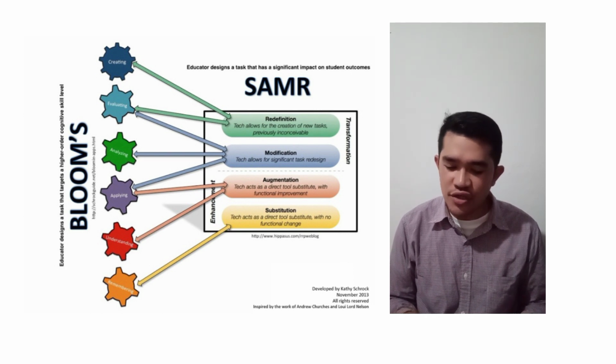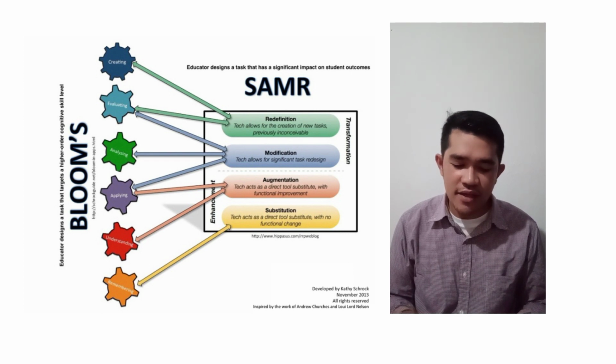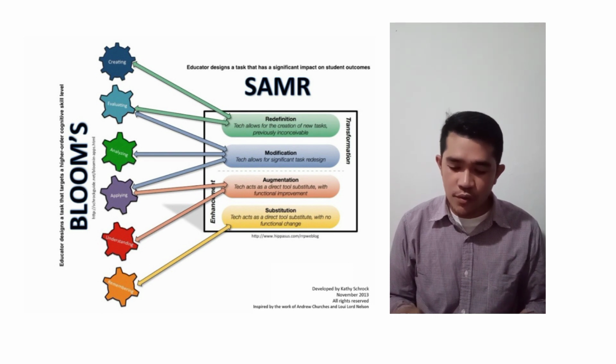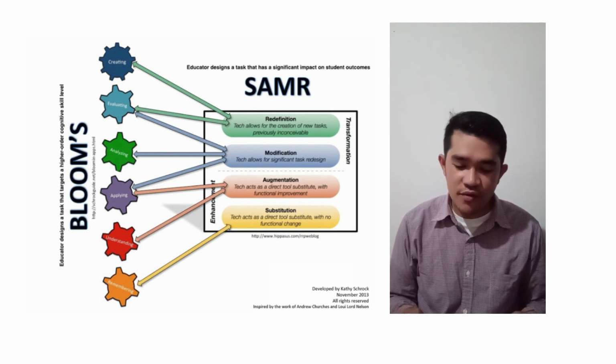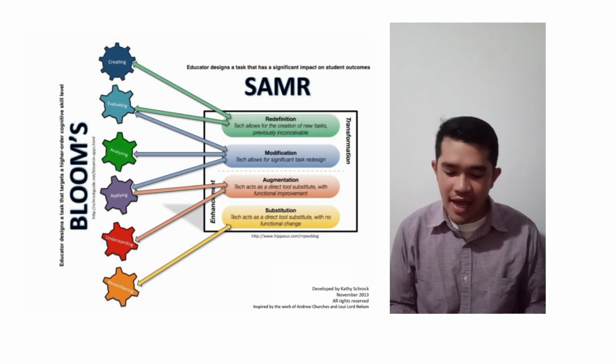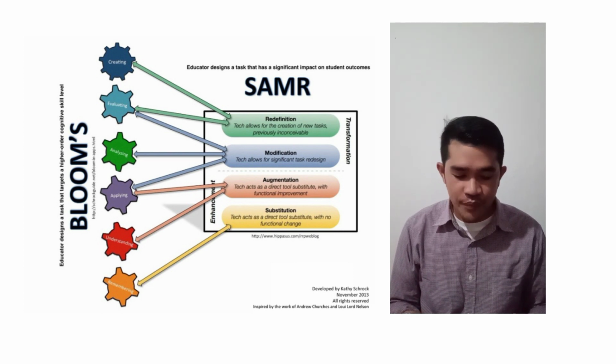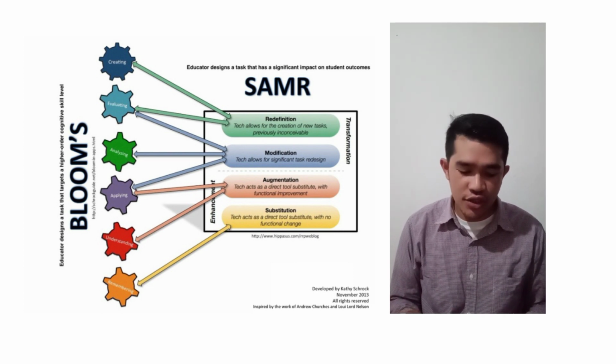If augmentation is still enhancing our lessons but not yet transforming, it is going to go with understanding and applying. Modification with new tasks can relate to applying, analyzing, and evaluating, and last, redefinition.